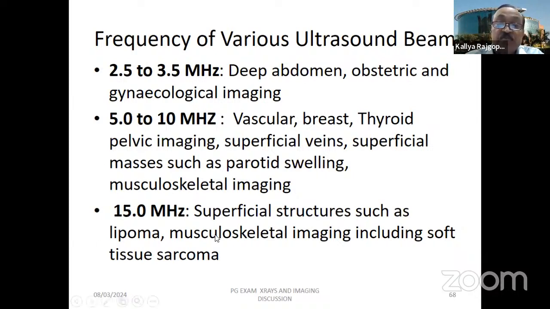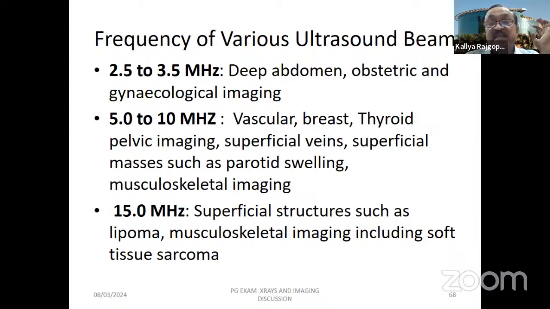If you go into superficial structures like subcutaneous lipomas, sarcomas, it's 15. Some are in between, I put the range from 5 to 10, depending upon the transducers available. Classically breast, thyroid, superficial veins, parotid swelling all come under this, so 5 to 10 megahertz.